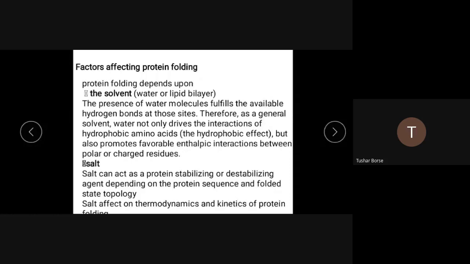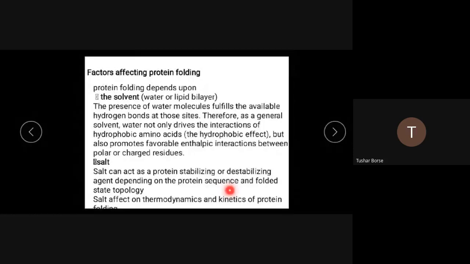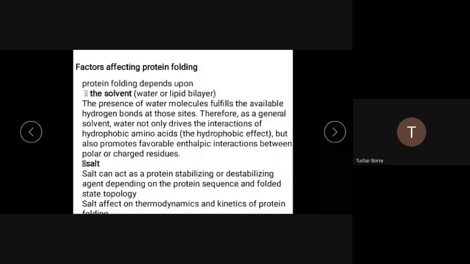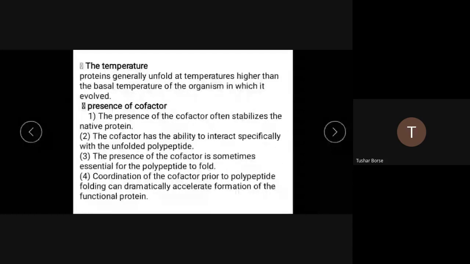Therefore, as a general solvent, water does not drive interaction of hydrophobic amino acids, but also performs favorable enthalpic interaction between polar or charged groups. Then salt can act as a protein stabilizing or destabilizing agent depending on protein sequence and folded state topology. Salts affect the thermodynamics and kinetics of protein folding.